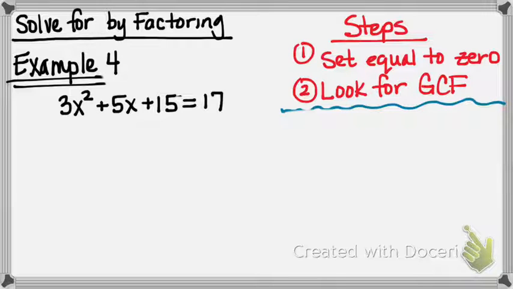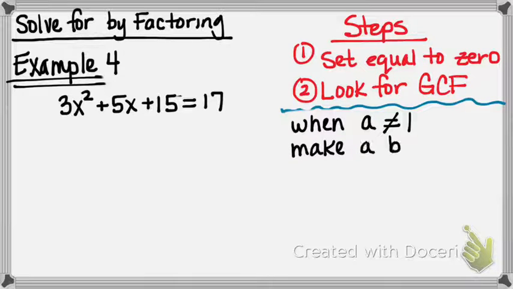Now, when A is not 1, this is where we have to make a box. I'm going to give you the rules for how to set up the box. This is just a reminder again. You learned this in Algebra 1.